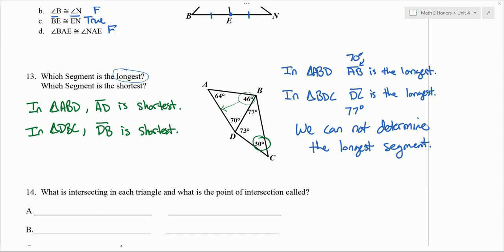And now DB is not the shortest length in triangle ABD.